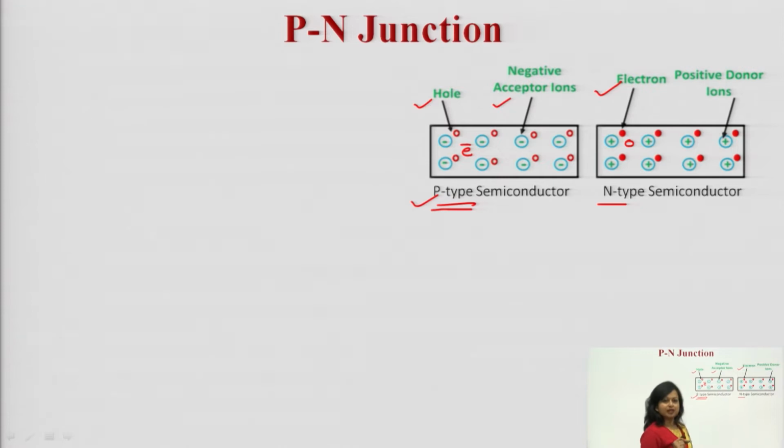At the same time, because each pentavalent impurity atom is capable of donating one electron, they become donor ions, because they have a tendency to donate, so positive donor ions. This is how you can explain what a P-type semiconductor and an N-type semiconductor are.